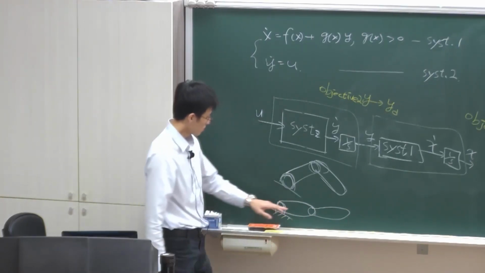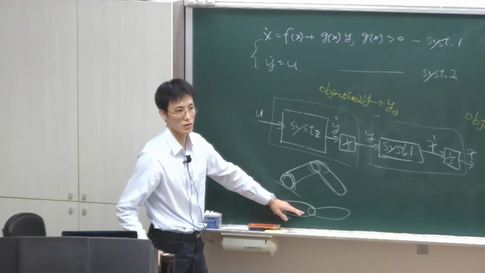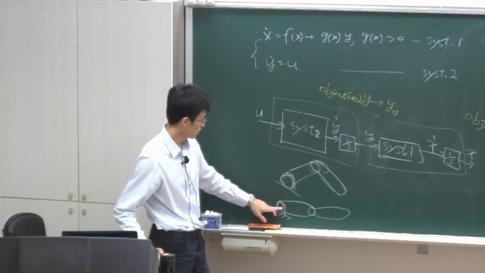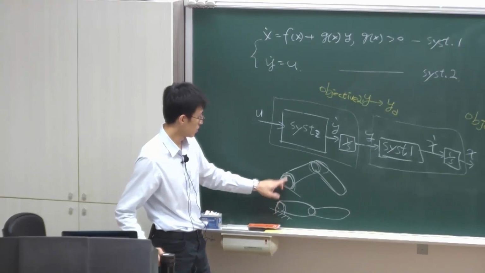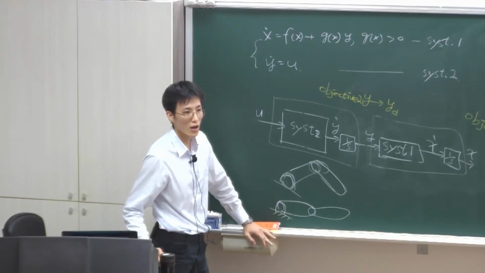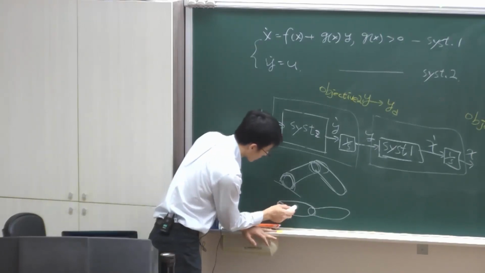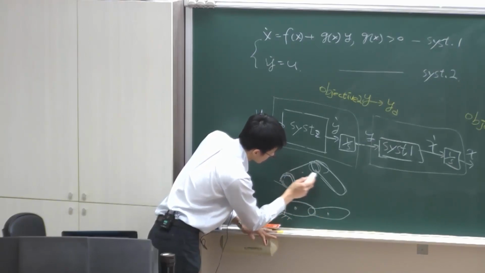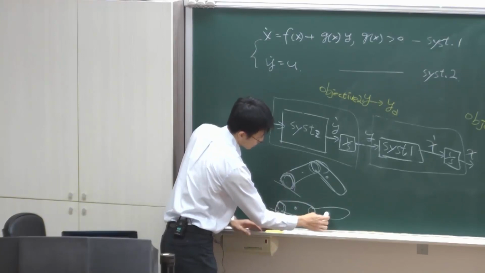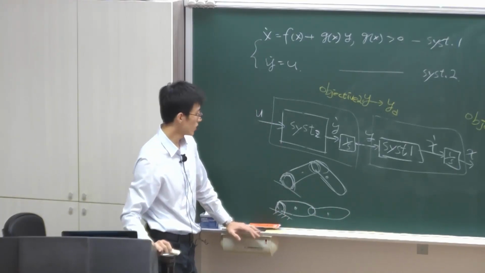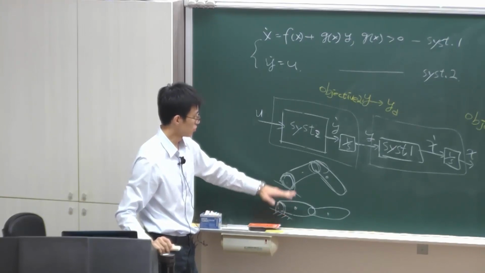For this configuration, the inertia is larger than this one, right? It requires more torque in this motor, in this joint, compared to this joint to keep at this pose, because the center of gravity is much farther away. So the inertia here is much larger than this.